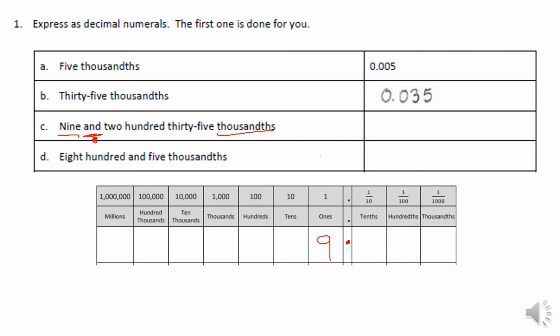Well, we know the 5 is going to be in the thousandths position. And the rest of the number says 235. Remember, when we're on the decimal fraction side of the decimal, we read it as a whole number with the last digit saying the place value. So this is 9 and 235 thousandths.